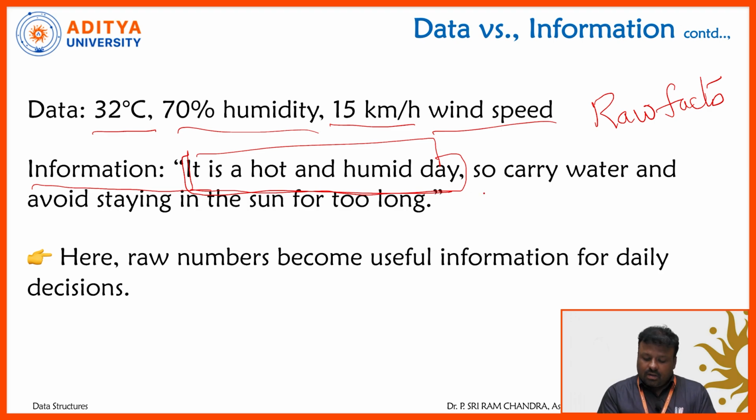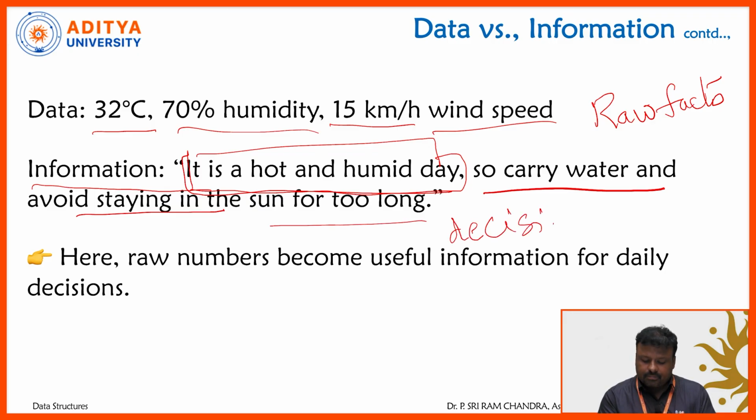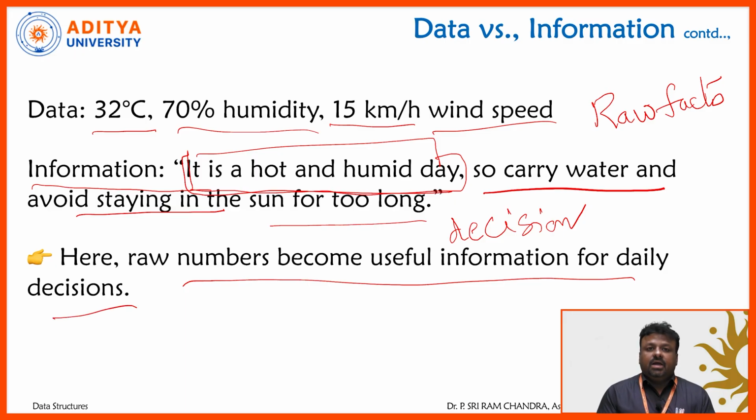So carry a water bottle and avoid staying in the sun for too long is the decision that we made here. Here, raw numbers become useful information for daily decisions. The raw numbers are 32 degrees centigrade, 70% humidity, and 15 kilometers per hour wind speed.